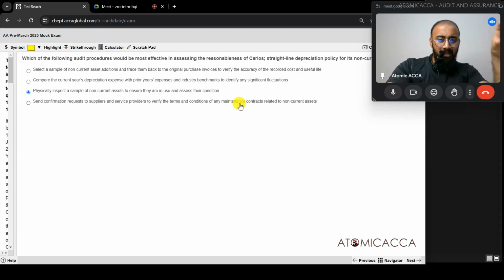But again, this will not give the exact idea about why Carlos' company is using a straight line depreciation policy or their reasonableness for using this. So option D will also not give you an exact idea about why straight line depreciation is used. So with that being said, option 2 will be the answer over here.